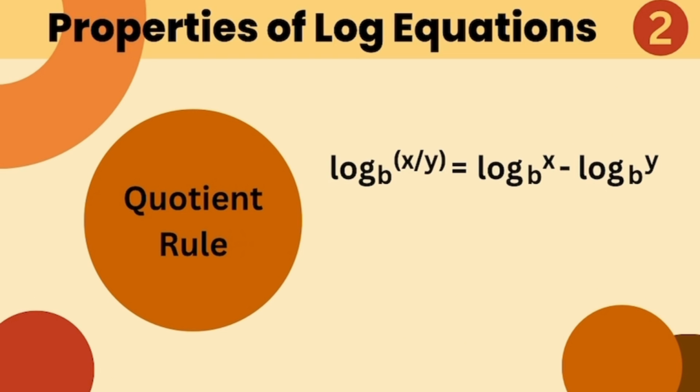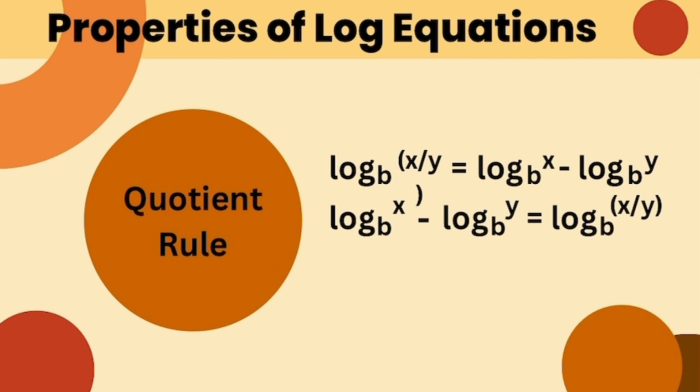So whenever you have two numbers that are dividing inside of the argument of a log-based equation, you can turn those into two separate log-based equations that are going to be subtracting with each other, with the denominator being the one subtracting. As you can see with the example, we have log base b of x divided by y, turning into log base b of x minus log base b of y.